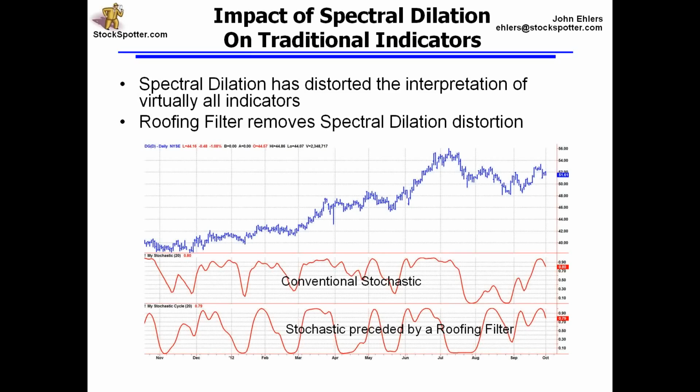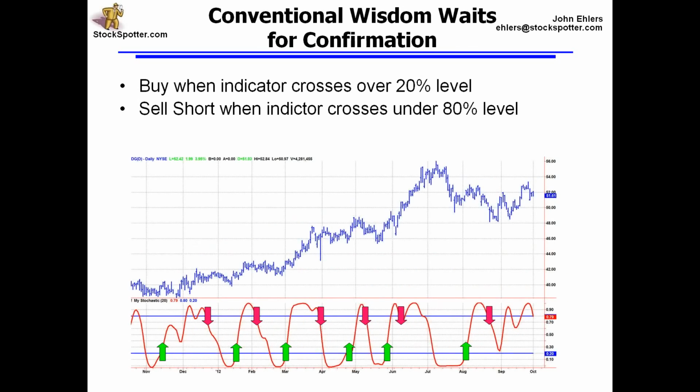So when you're swing trading, the usual conventional wisdom has you waiting for confirmation, and this is the stochastic you just saw on the previous chart. And the rules are when that stochastic crosses over the 20% line, you buy, and when it crosses under the 80% line, you sell short.